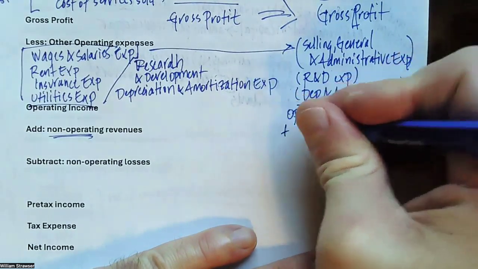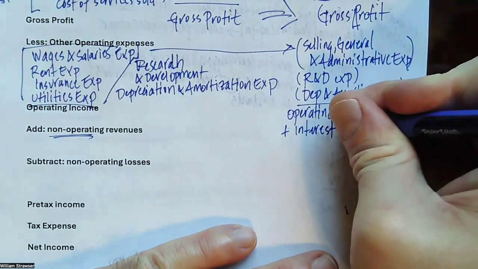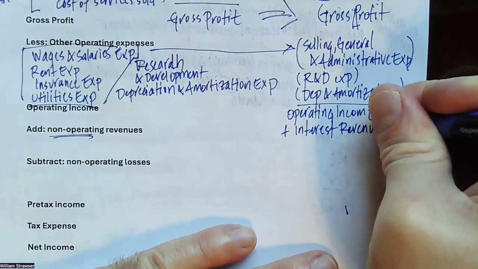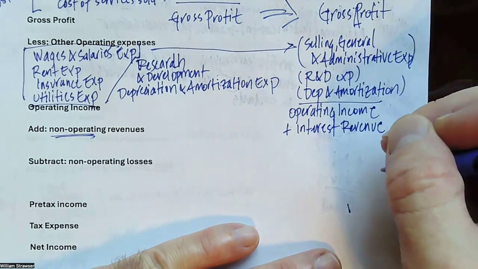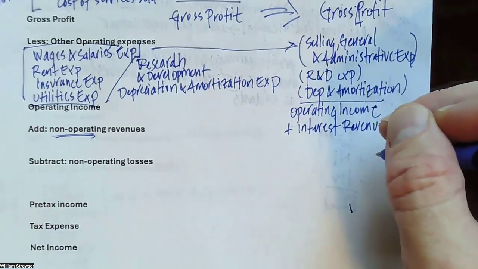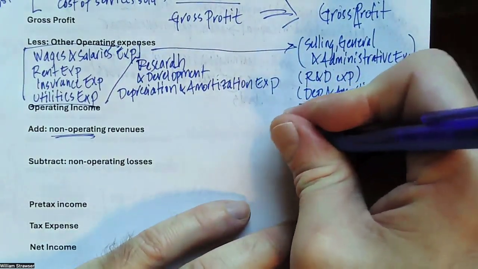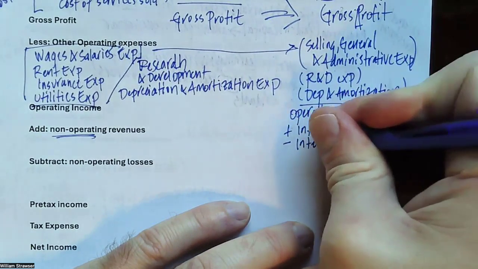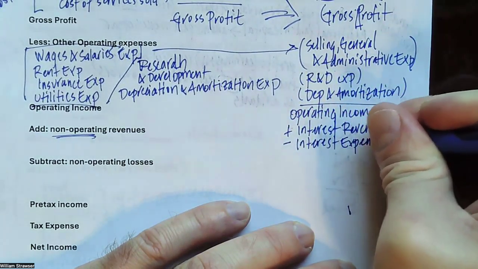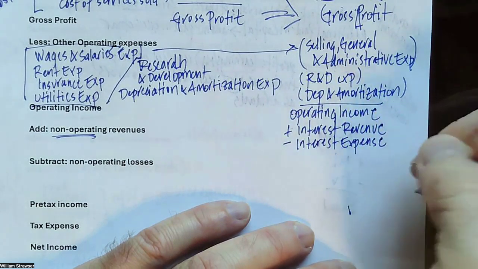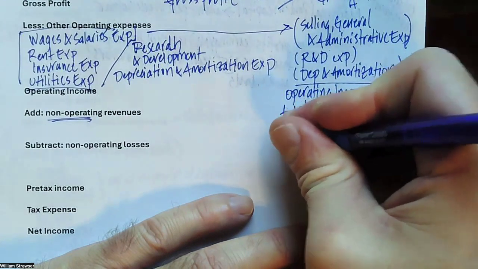Interest revenue, if we have lent anyone money or have any interest-bearing accounts that we keep our money in, that would be a non-operating item. This is just our investments passively earning income, not necessarily part of our business model. Interest expense, which is accruing on any loans that we've taken out, any bonds that we have sold to finance our company. And finally, dividend revenue.